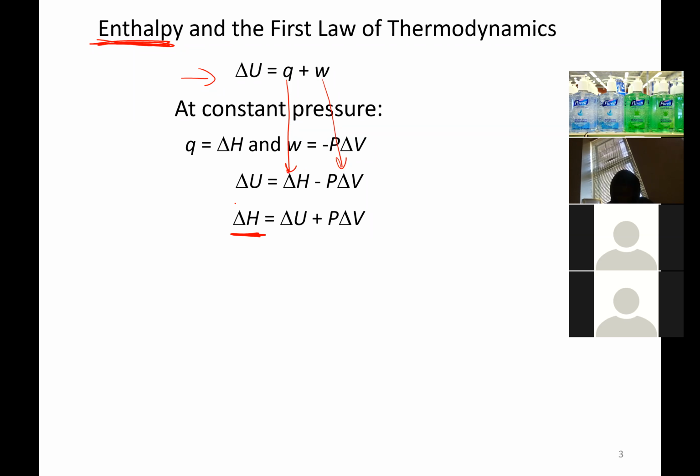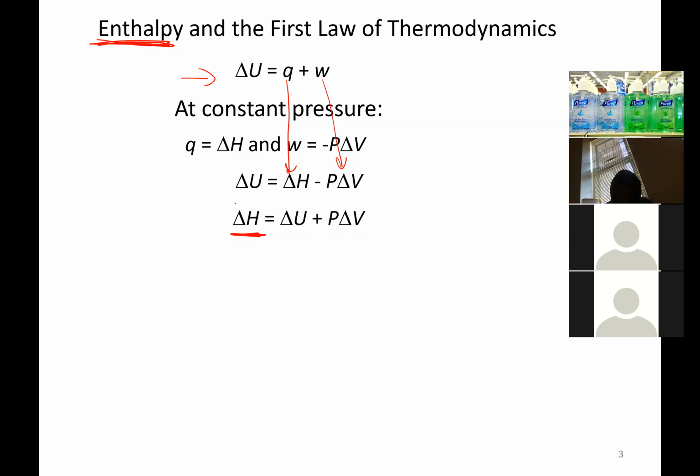That doesn't matter. All I care about is finding out how much heat the products have and subtracting it from how much heat the reactants had. So it doesn't matter that the process actually went through 17 steps. I don't care about that. All I care about is where you ended and where you started. That is a state function.